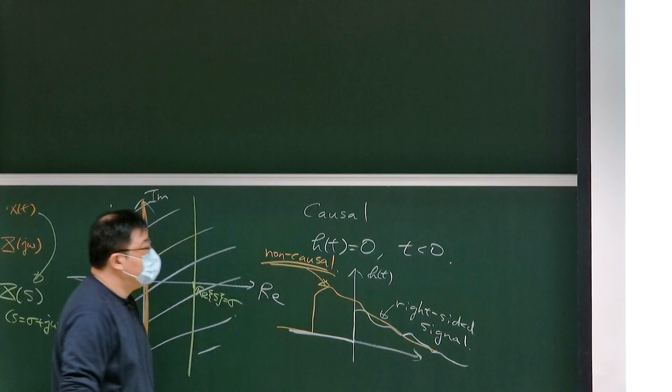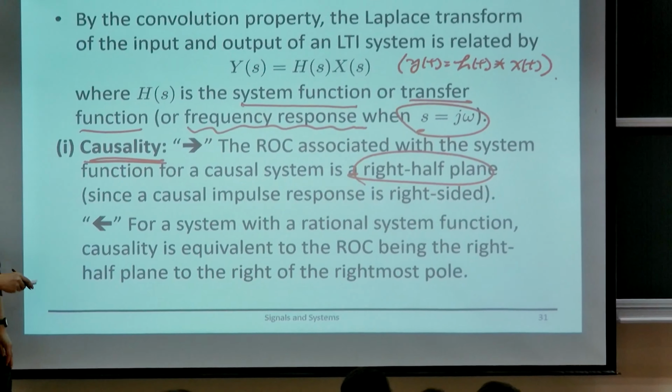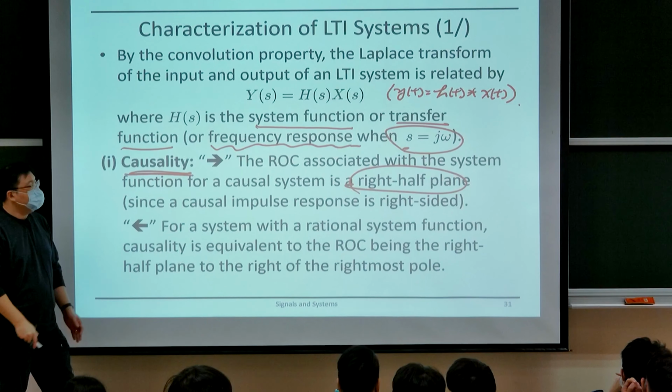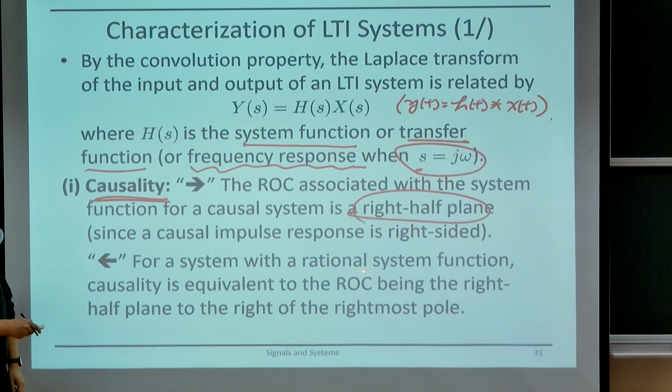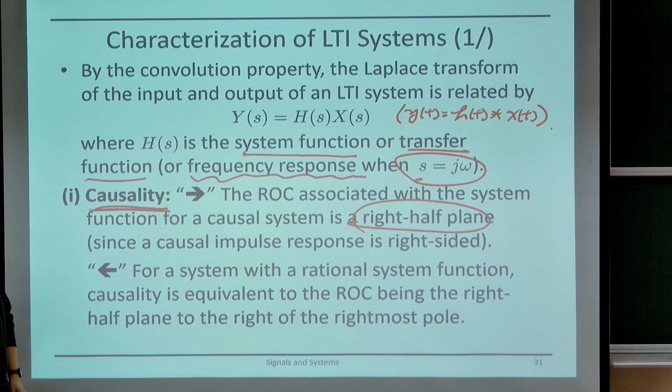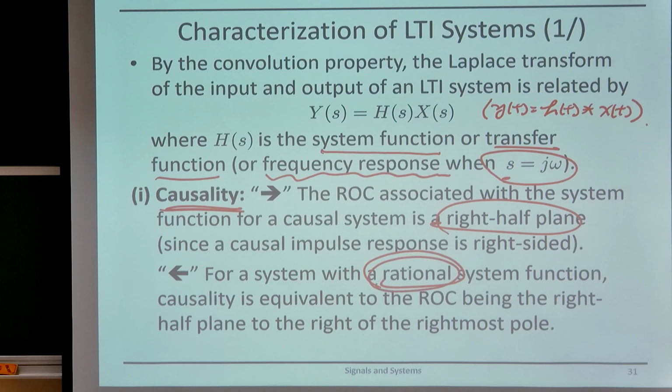So just knowing that the ROC is the right half plane is not enough to infer that it is causal. But if we know that the system is rational, then this could be shown. So if the system is rational, then causality is equivalent to the ROC being the right half plane.